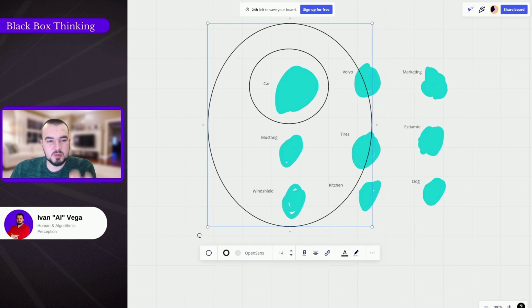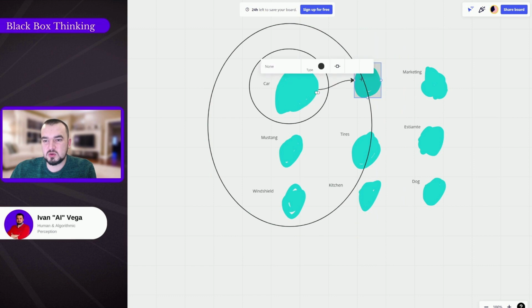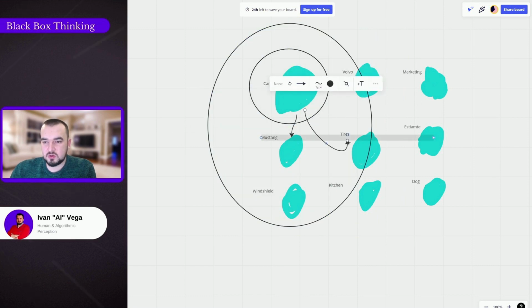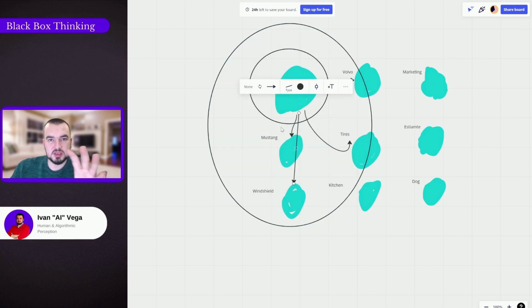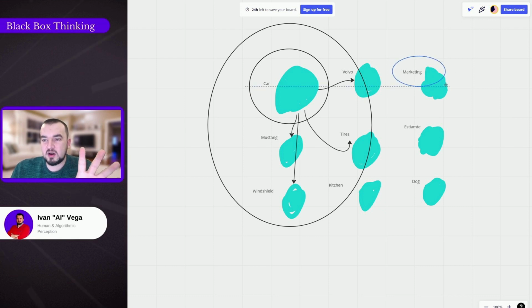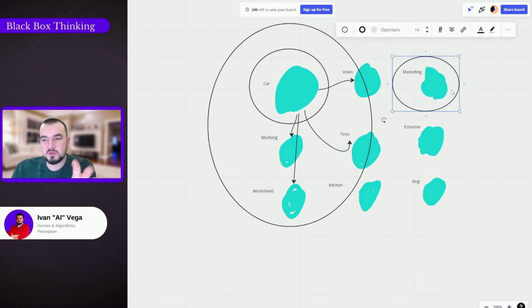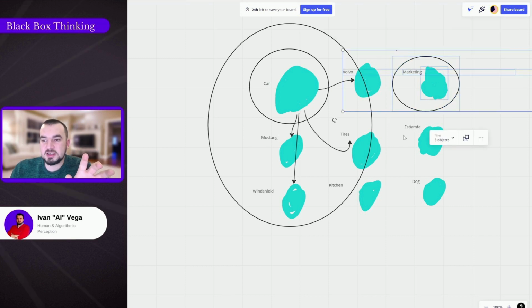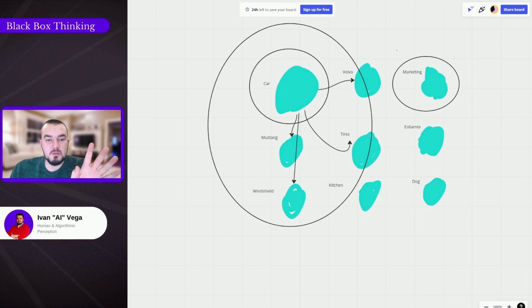In this case, the bubble of car would be connected to Volvo, to Mustang, to tires, to windshields, etc., with a specific strength of connection. But immediately when it checks car, for example, if your prompt is "write me a marketing about the car Mustang," it will also immediately check the bubble of marketing and the words that marketing is connected to.